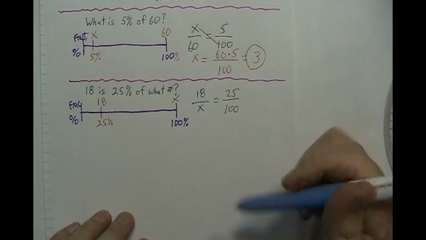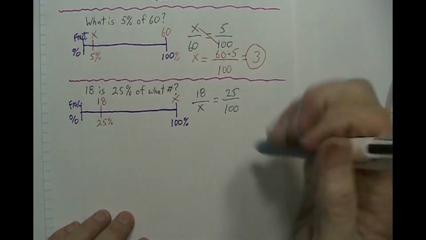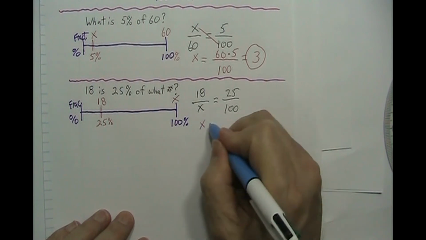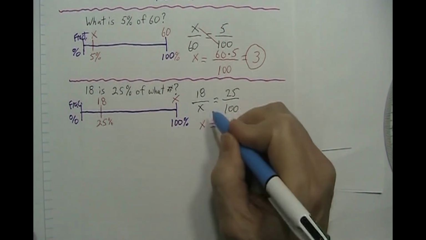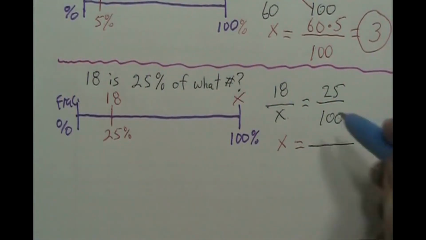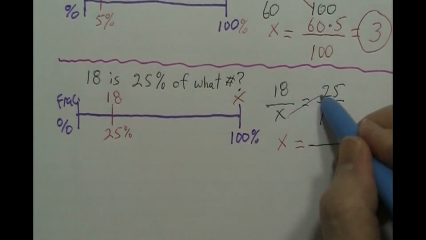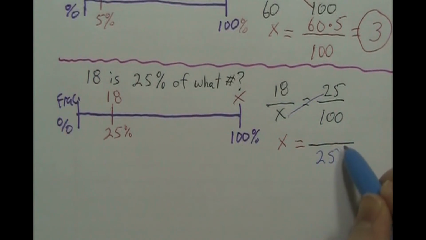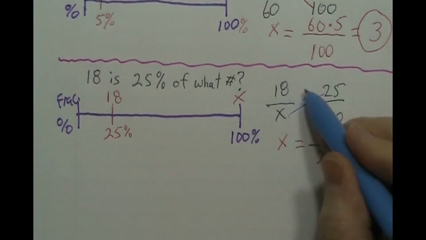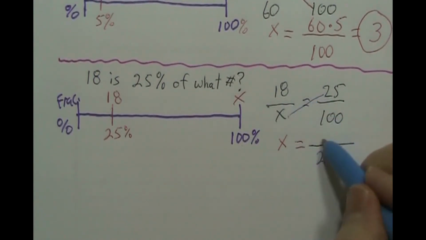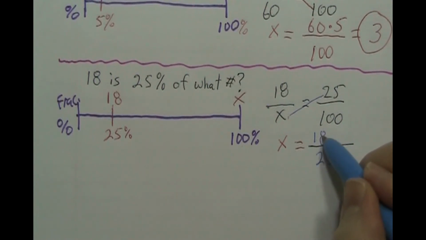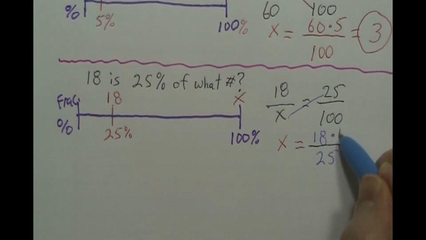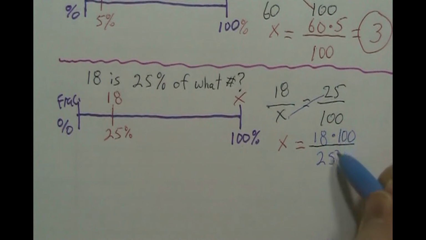So X equals: the one diagonal of X is 25, that goes at the bottom, and the other two go on top, 18 and 100. 18 times 100, times, not decimal point.